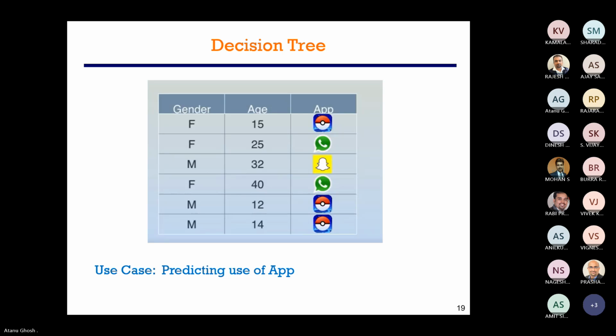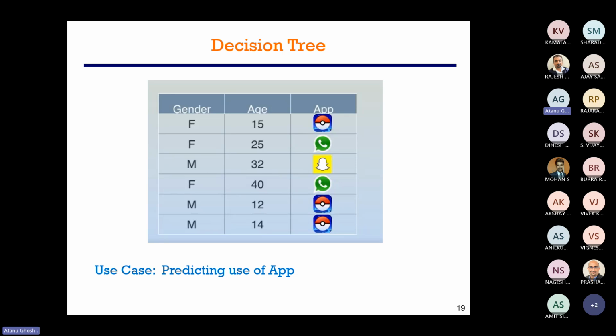Yes. If age is greater than 20 and gender is female, the app will be WhatsApp. If the age is greater than 20 and the gender is male, the app will be Snapchat. What we built just now is a very simple decision tree. That's all a decision tree means.